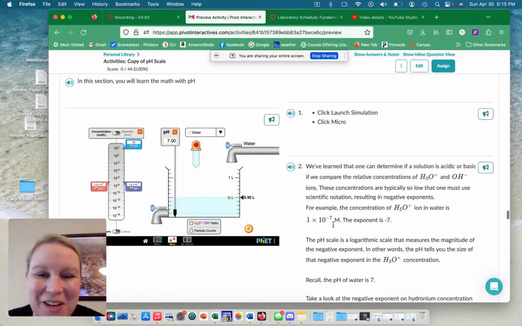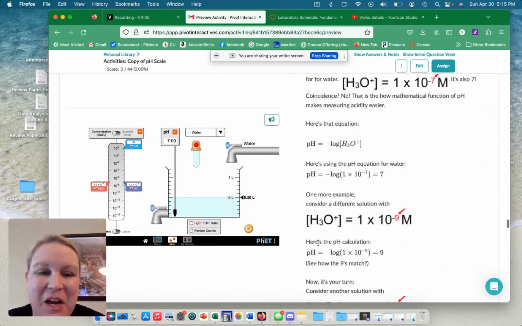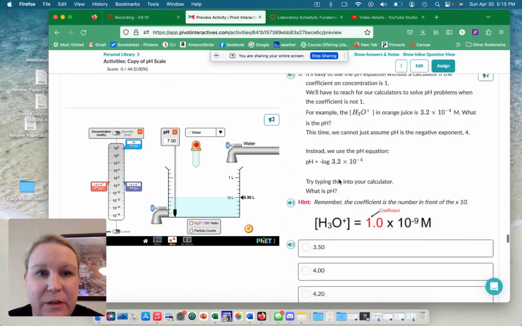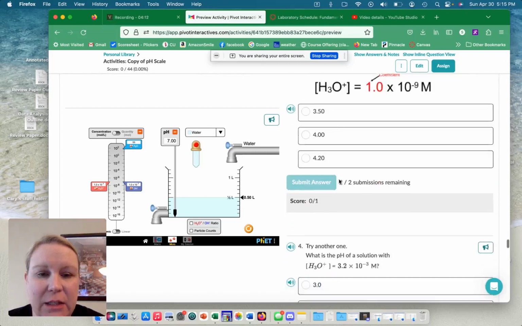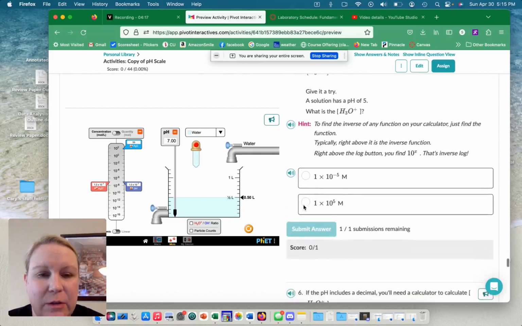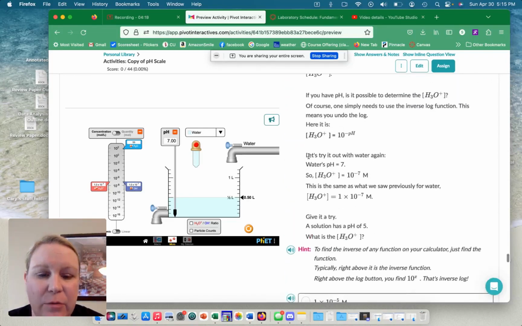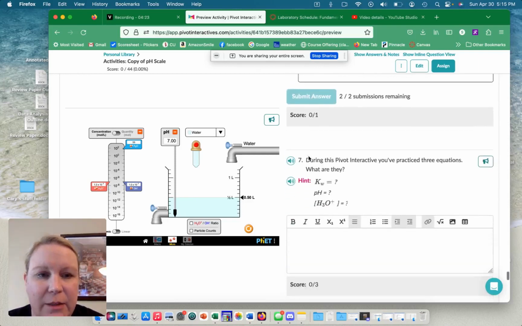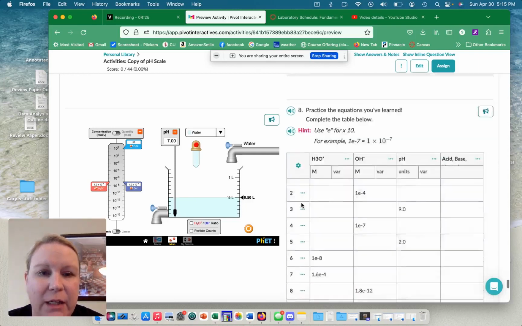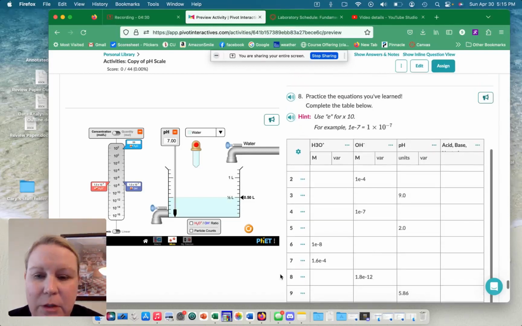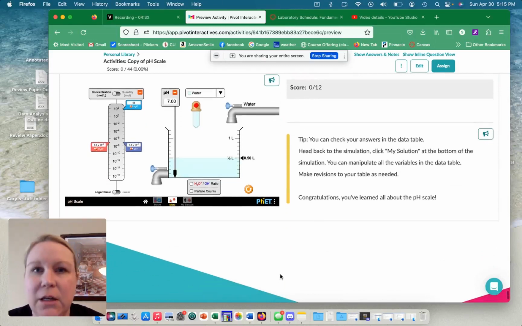Okay, and so now that we've clicked it twice, you're going to read through this review of how to calculate pH, and then you will calculate the pH from water, and then review that. And then what you'll do here is you're going to complete the table. And that's it. So as always, feel free to reach out if you have any questions.